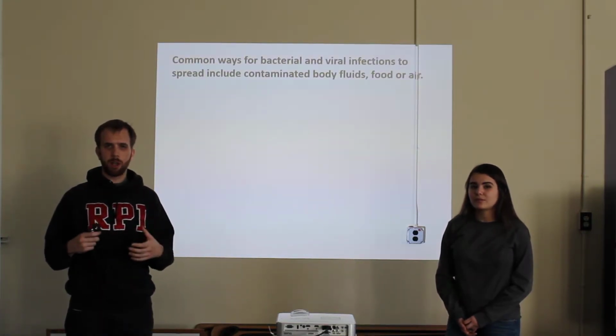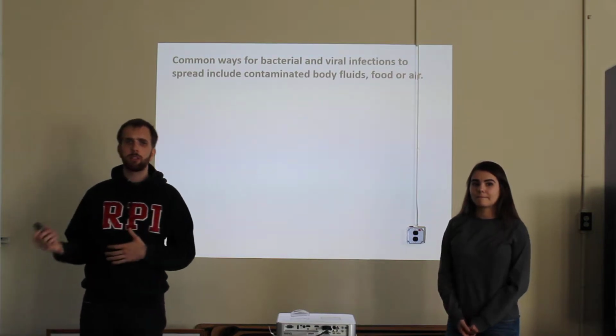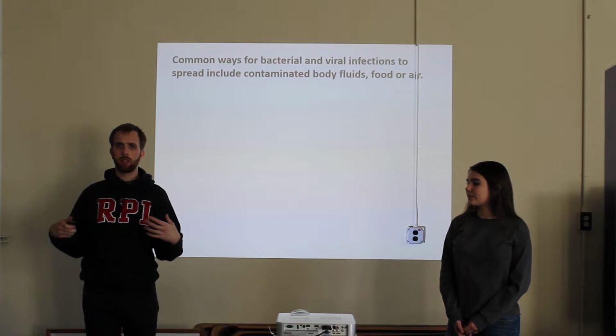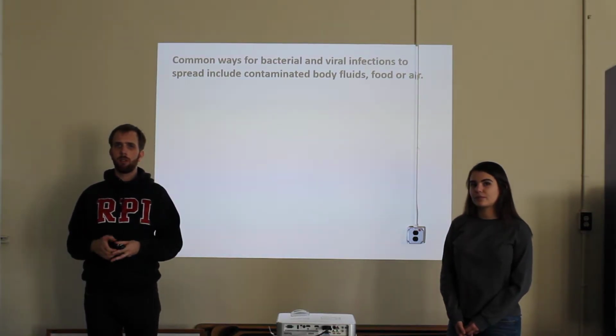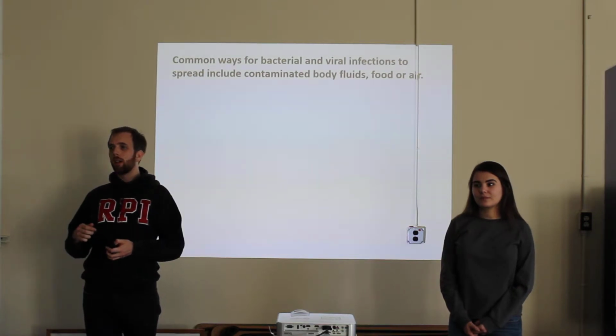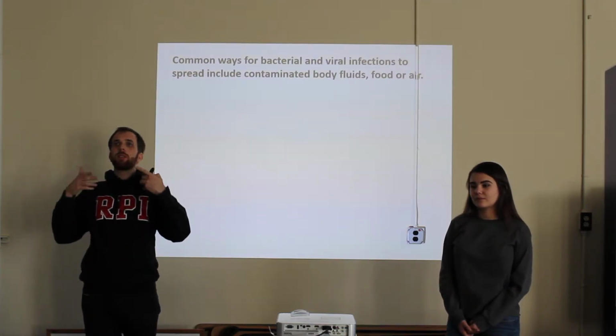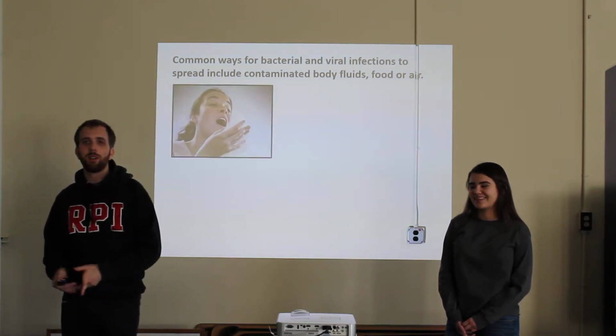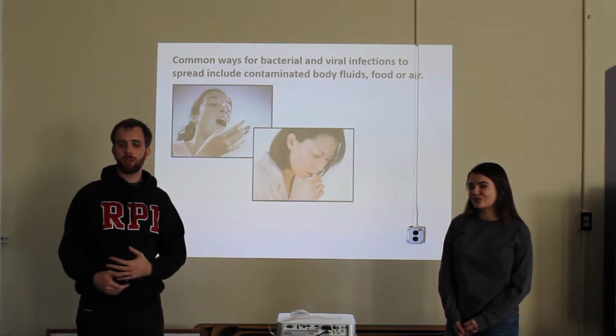So there are several common ways for diseases to spread all around us. So what are some common ways that they can spread? Shaking hands with somebody else. Right, yeah, shaking hands. What about if your nose is a little stuffy and, achoo. Yeah, like a sneeze, or maybe coughing would be another way.